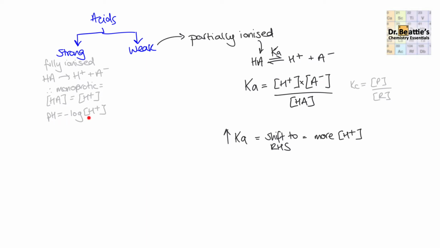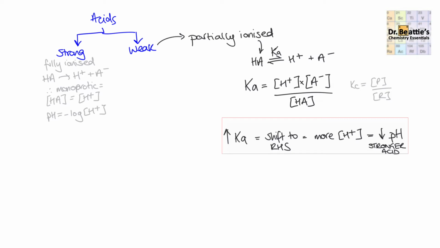And if we think back to this equation here, if we have a higher amount of H+, because of this negative, it does the inverse and so gives you a lower pH. And this is really key. It means we therefore have a stronger acid. So when you're looking at questions, if there's a higher Ka value, then a lower pH is given because more of it is ionized onto this right-hand side, and we have more H+, lower pH.